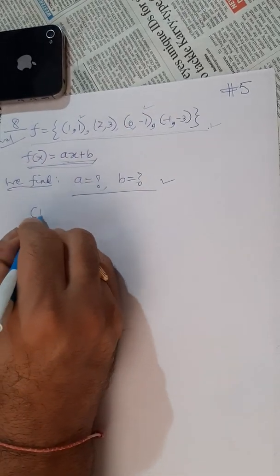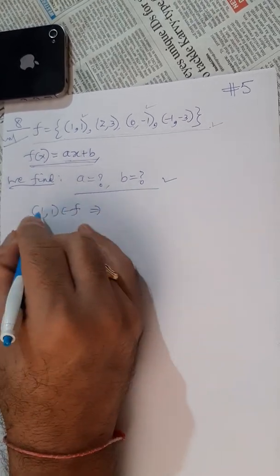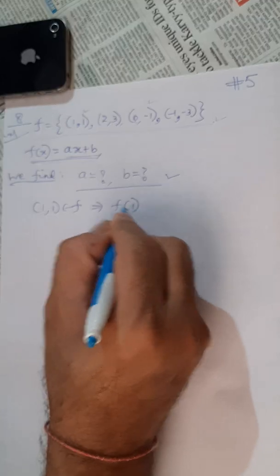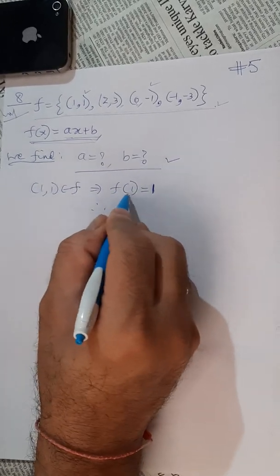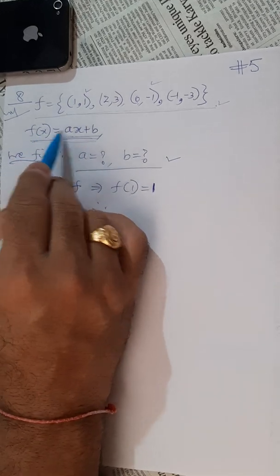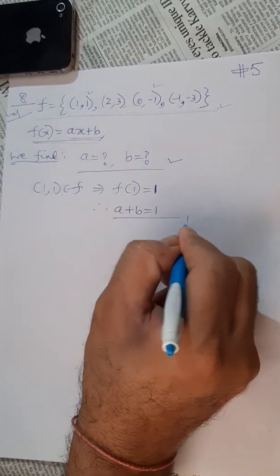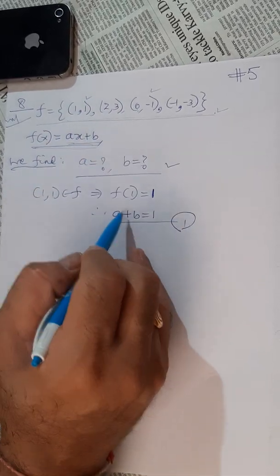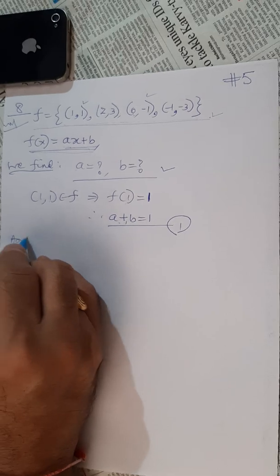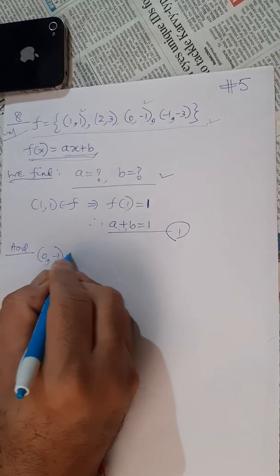So 1 comma 1 belongs to the function f. It means if I put x equals 1 in the function, then the value of the function is 1. What is f of 1? Put 1 here. So a plus b equals 1. This is one equation, putting x equals 1. So a into 1 plus b. And I'll use this, 0 comma minus 1 belongs to f.